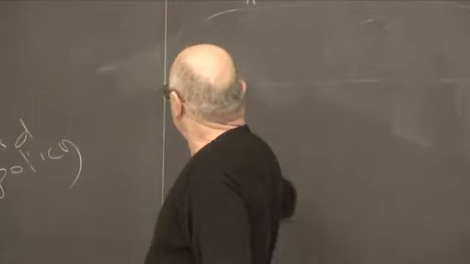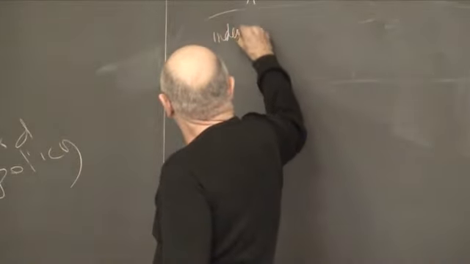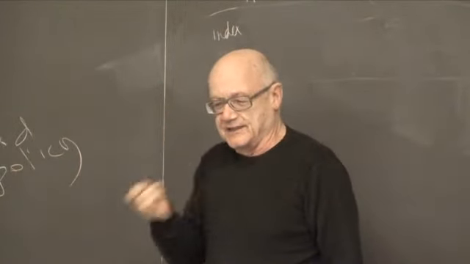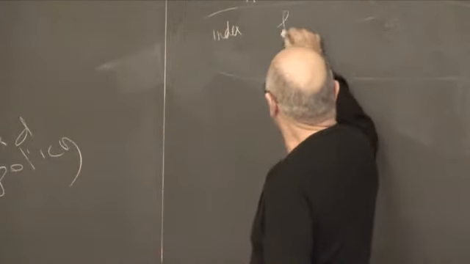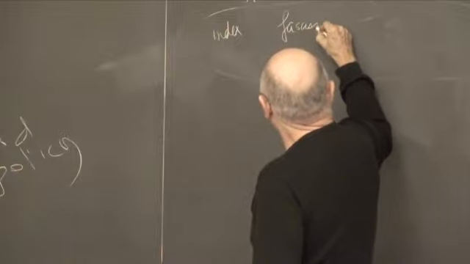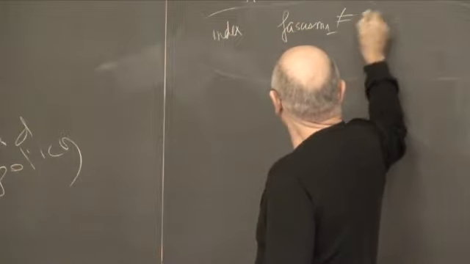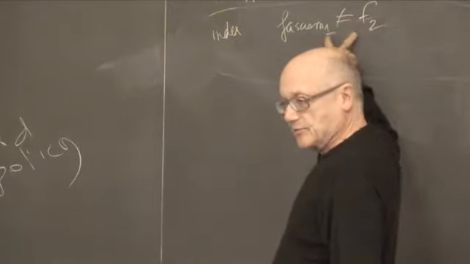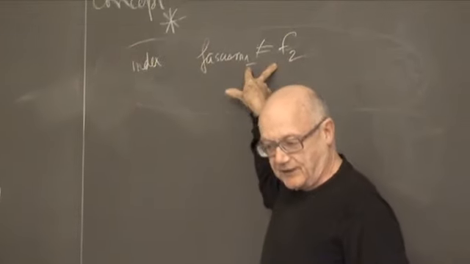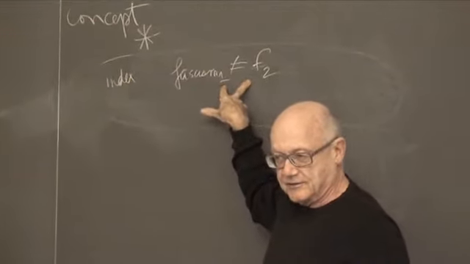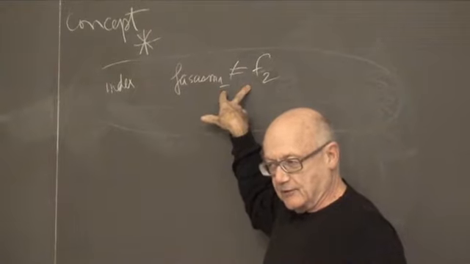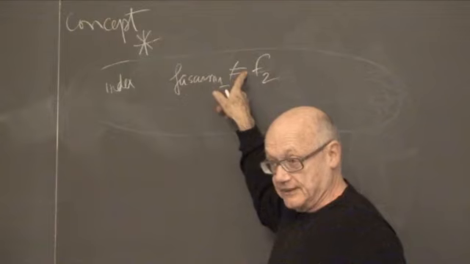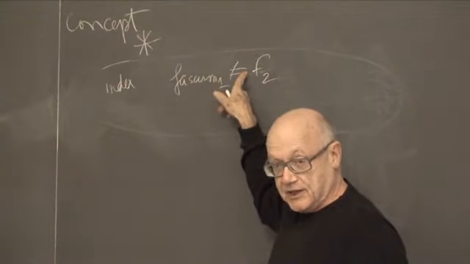So there's the index, which points to the uniqueness or specificity of the object. Let's work with the example I was using last week, fascism. Fascism 1 is not fascism 2. The index allows us to point to any specific fascism that we choose to mark out conceptually and distinguish it from the others, while of course maintaining the possibility of generalizing about fascism, because the concept is not abolished.